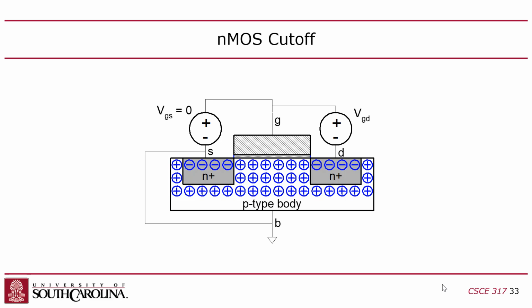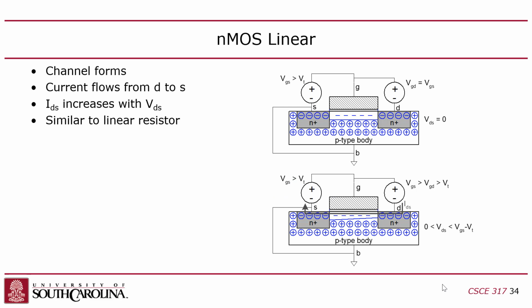Now, when the gate voltage relative to the body hits the threshold, you turn the transistor on. Once it's on, it can be in either linear or saturation mode. But what mode it's in doesn't depend on the gate voltage. What it depends on is the voltage drop between the source and drain.